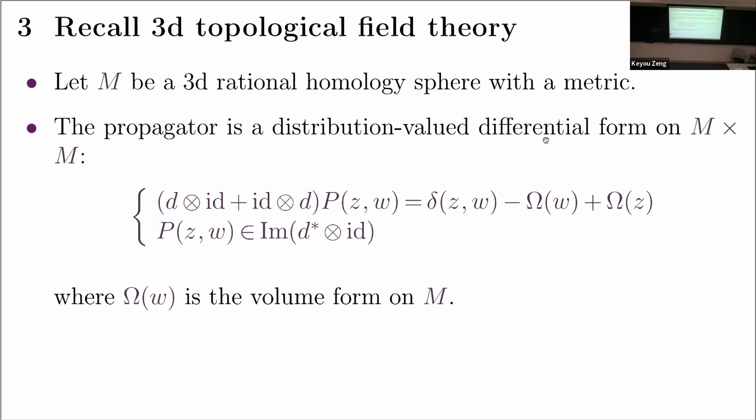The only difference is that we replace the Laplacian by the de Rham differential. Because we are working on a rational homology sphere, the harmonic projection operator can be written in a simpler form. This is just a volume form on M. So the harmonic projection operator is just the difference between the volume form at omega minus the volume form at Z.